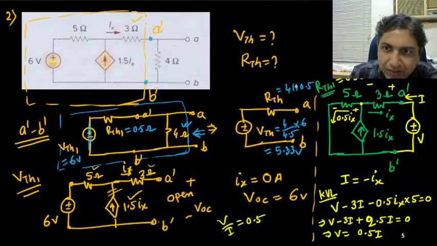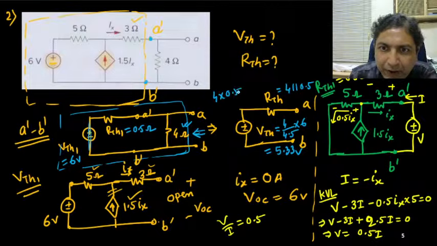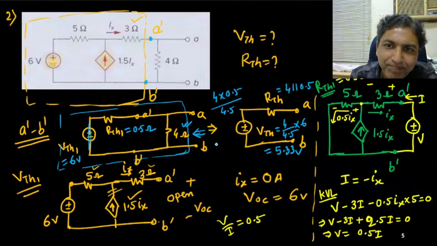So this is simply RTH, you can compute 4 into 0.5 upon 4.5. So it is basically 4 upon 9, and 4 upon 9 is 0.444 kind of thing.